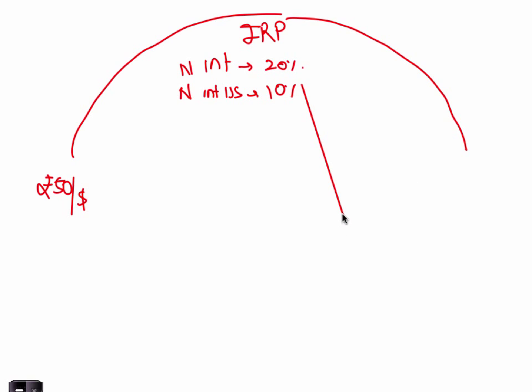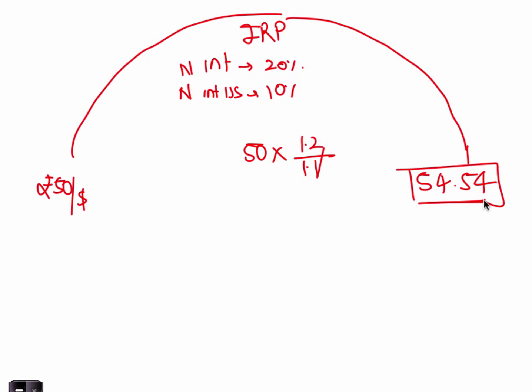So using the interest rate parity we can find out what should be the forward exchange rate. So 50 into 1.2 divided by 1.1, so the 1 year forward exchange rate is 54.54. This is the rate given to you by interest rate parity.